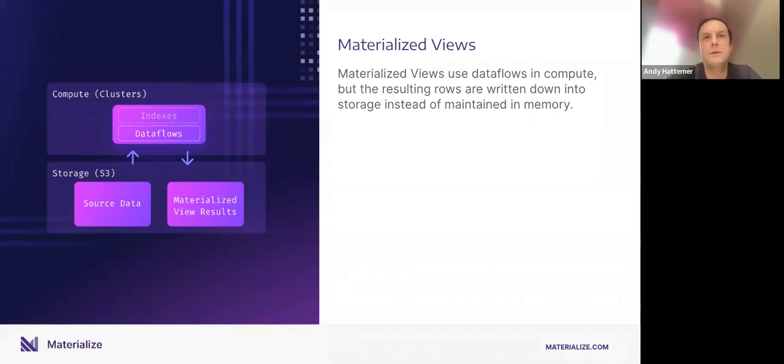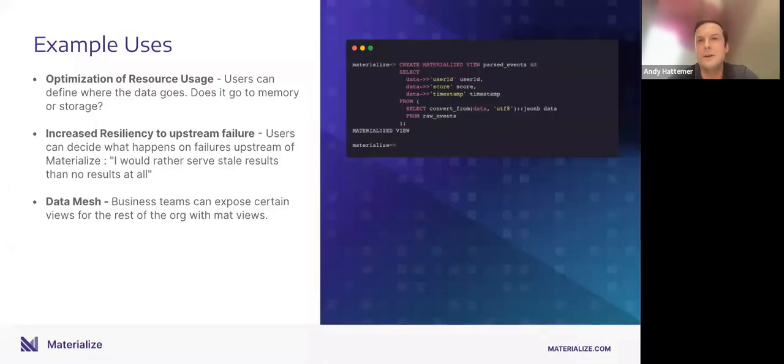So when you create a materialized view, you are creating a data flow in the compute layer to do the computation, but the rows, the end results, instead of being in an index in memory, they're written down into storage.